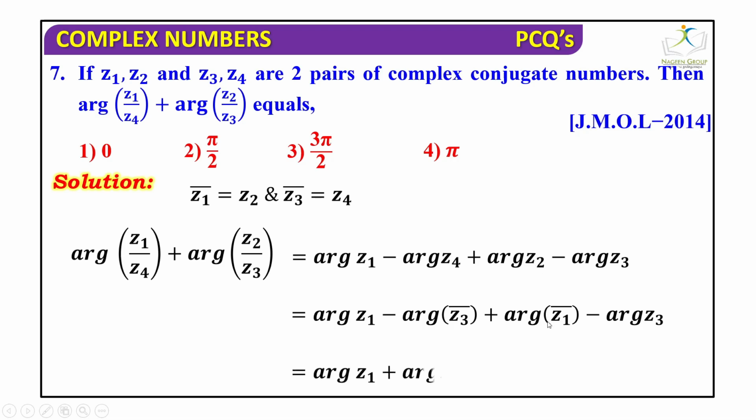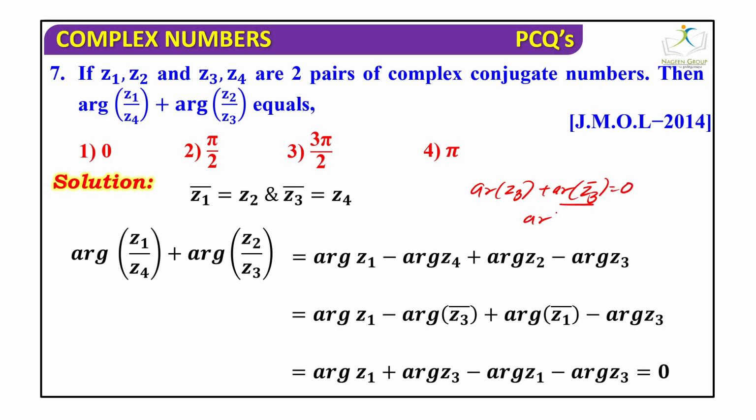From this we know, what we studied about argument of z: argument of z3 plus argument of z3 conjugate equals 0. So argument of z3 conjugate will be equal to negative of argument of z3, right? As you keep this value here, it will be plus argument of z3. Same here, we have this as minus of argument of z1, right?